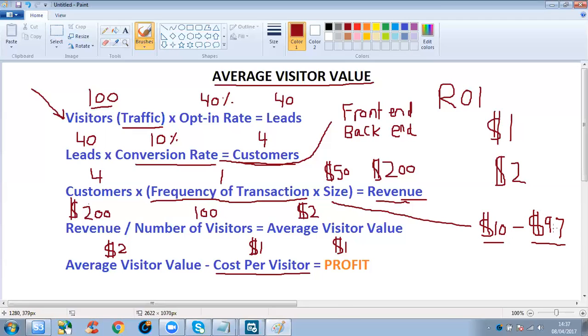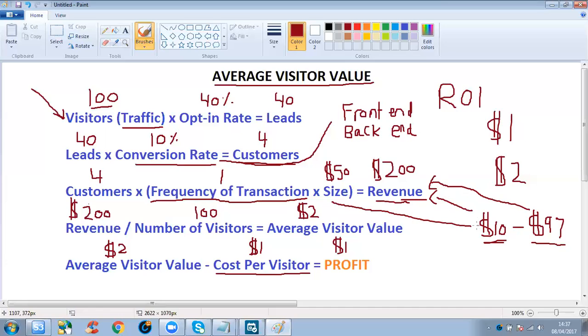Then some of those people are going to buy the upsell, which is the more expensive product, and this is obviously going to increase your revenue. So you're going to get revenue coming from the $10 product purchases, and revenue coming from the $97 product purchases, and that's going to increase your total revenue.